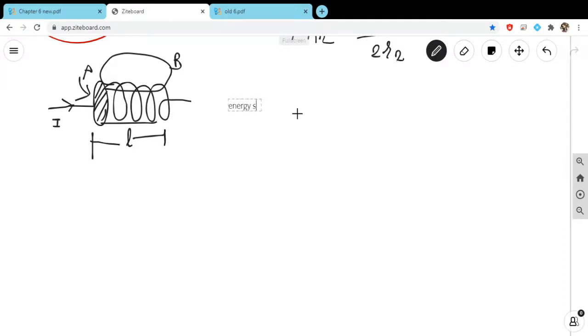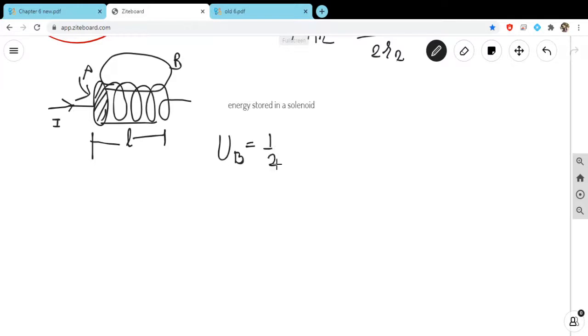So for this solenoid, you write the energy stored in a solenoid, and that equation is energy stored in the form of magnetic field, UB, that is half L I squared, okay.